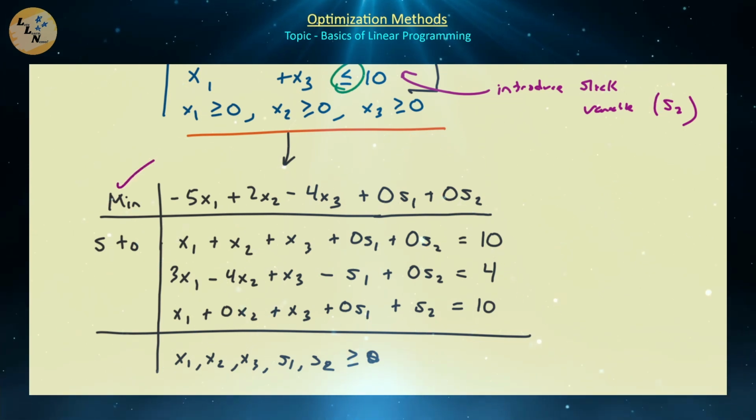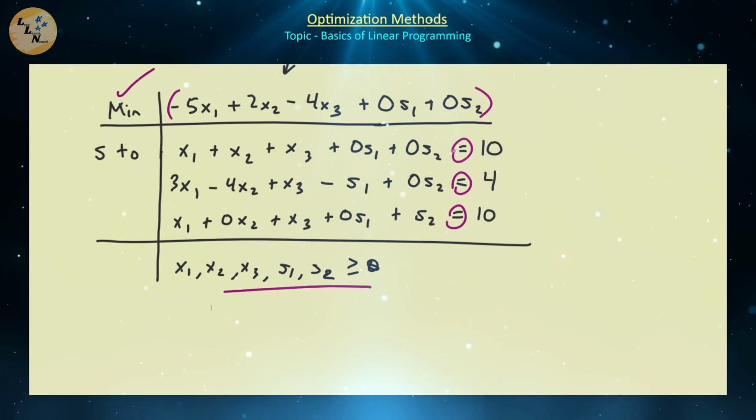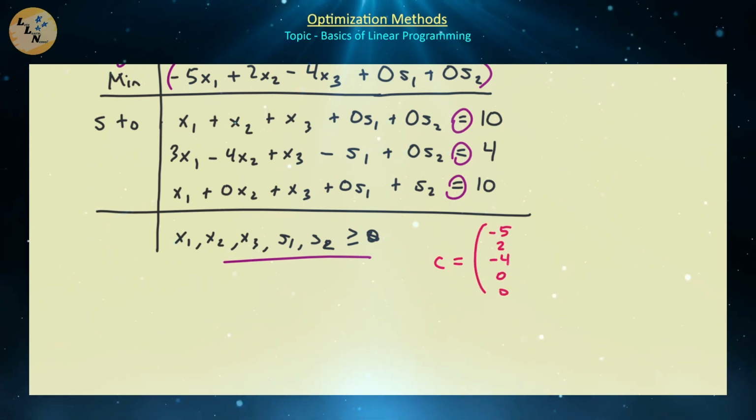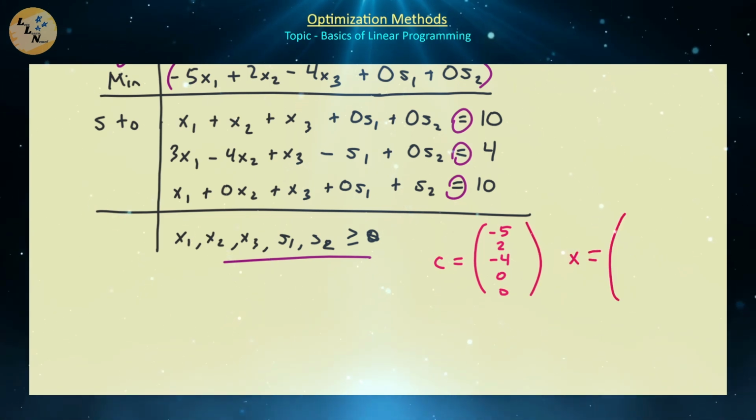Notice that this is a minimization problem. We don't have any constants in our objective function. That's great. We have all equality, and all of our variables are greater than or equal to 0. So once we look at our vectorized version of this, our constant vector c is equal to minus 5, 2, minus 4, 0, 0. Our x vector is going to contain x1, x2, x3, s1, and s2.